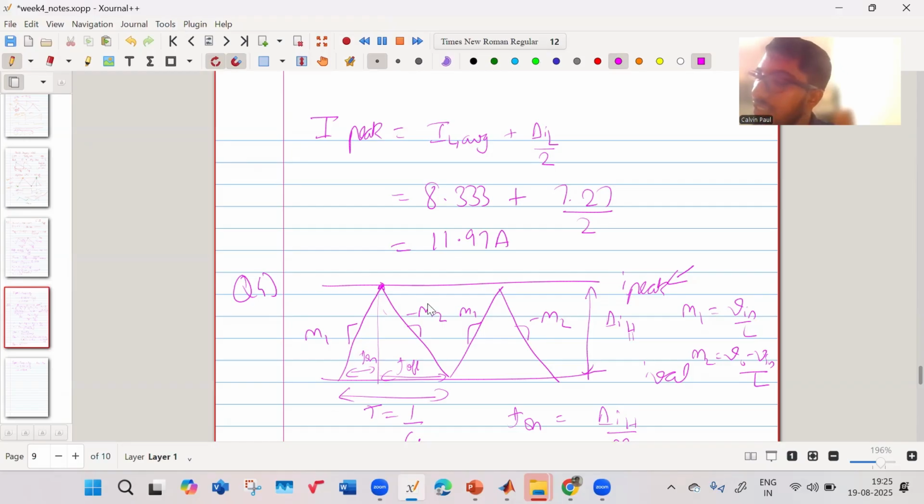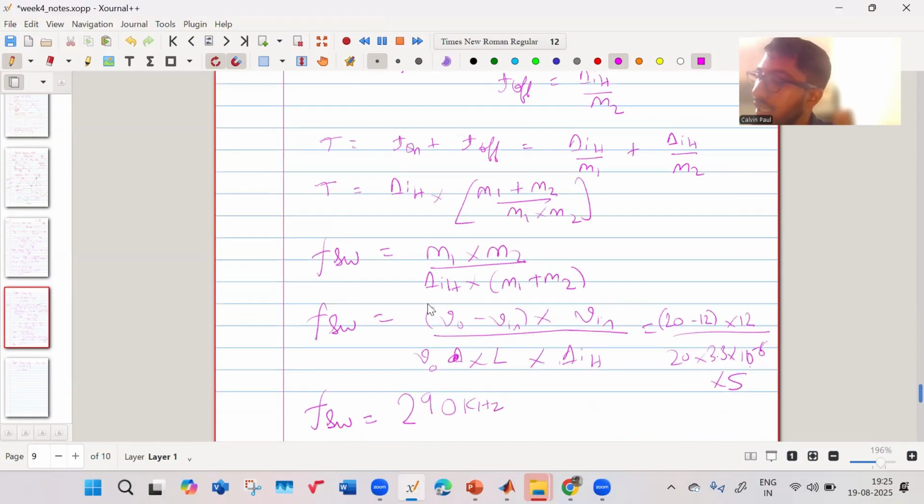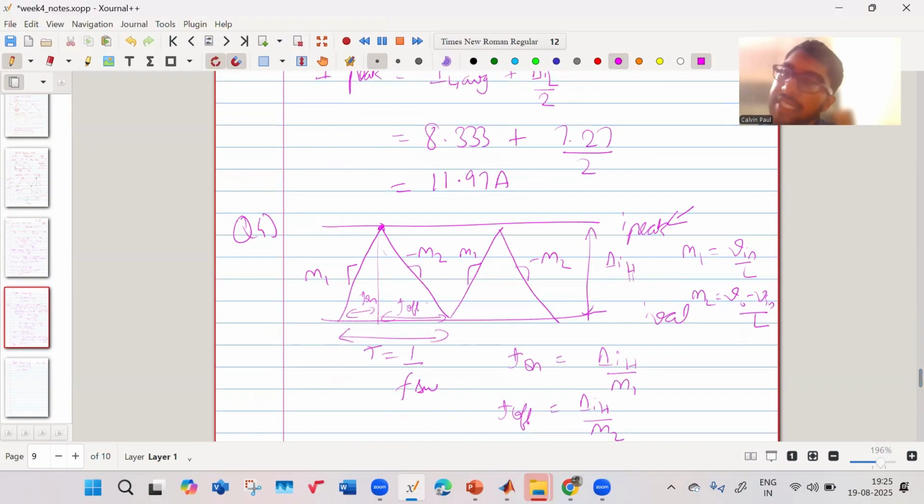And in a practical case, you're not comparing current versus current. You cannot do that. You're actually comparing a voltage. Your reference will be some voltage, and the other signal is the actual sense signal. This sense signal is a scaled-down version of your current.